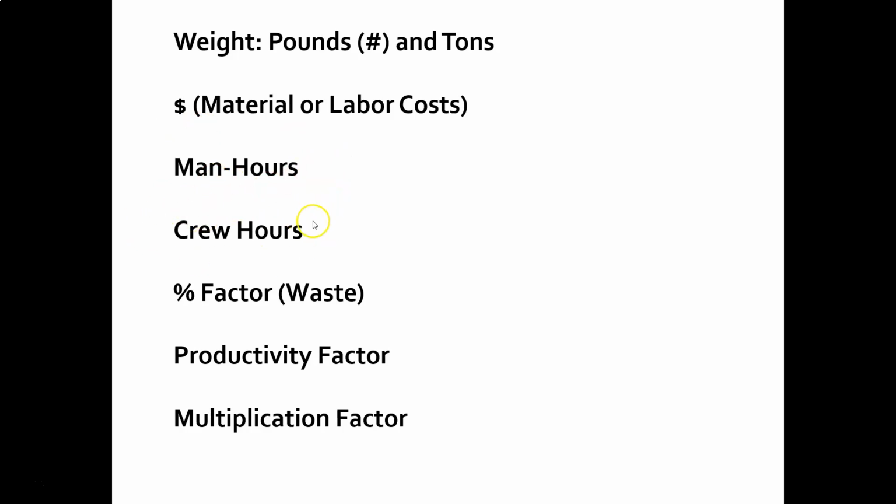If we have a crew of 4 carpenters, how many crew hours would it take that group to build a house, for instance? We will have percentages, factors, waste, for instance. So we always add, we expect, like for drywall, for instance, that there will be a lot of waste.